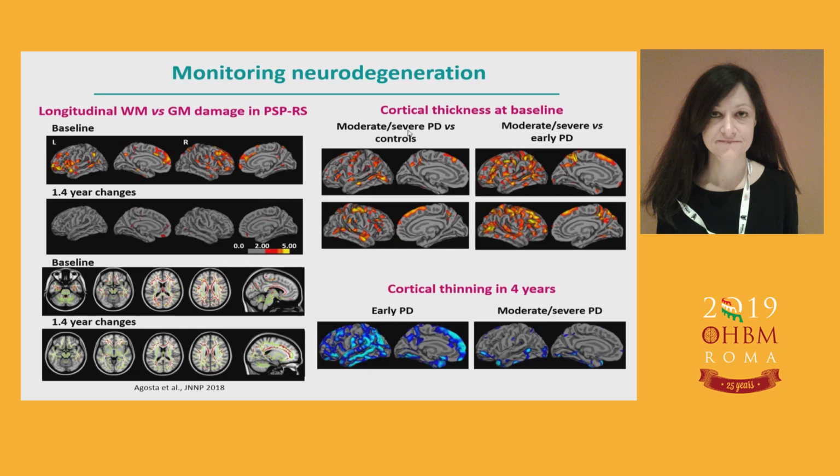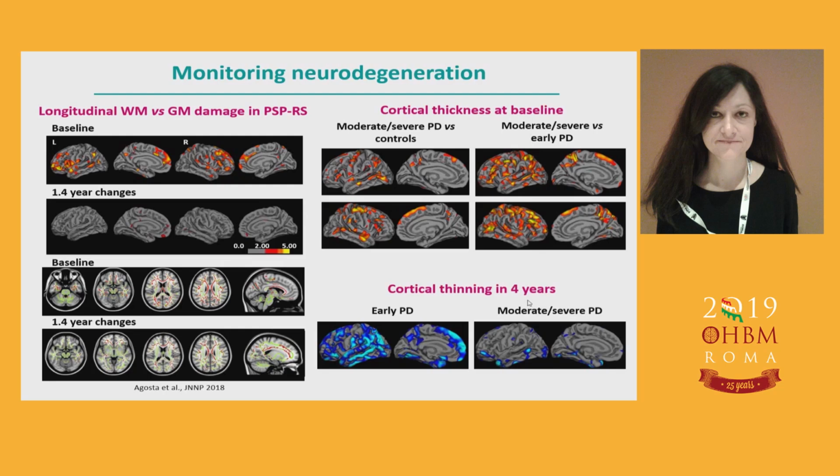Here you can see that at baseline, gray matter atrophy was present in patients with moderate to severe Parkinson's disease, while it was absent in patients with early Parkinson's disease. But when we look at the accumulation of atrophy over 4 years, cortical thinning was present in patients with early Parkinson's disease more than in patients with moderate to severe Parkinson's disease.